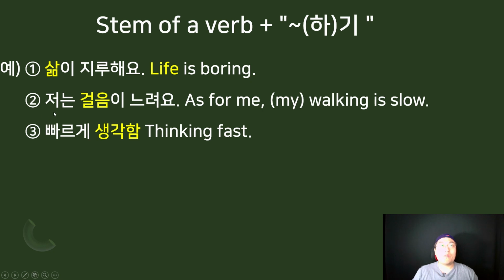Number 2. 저는 걸음이 느려요. So as for me, my walking is slow. So 걸음 is walking here, right? So this is a noun. And 빠르게 생각함, thinking fast. It is not a sentence, it's just a phrase, but we can say 빠르게 생각함, thinking fast.